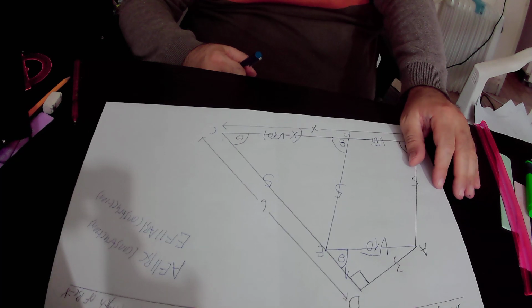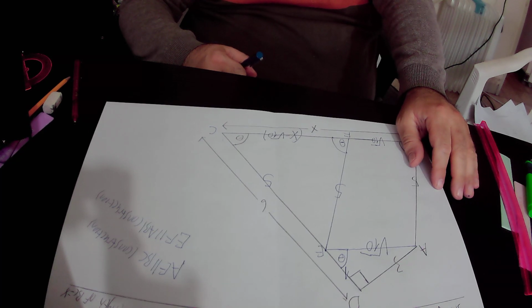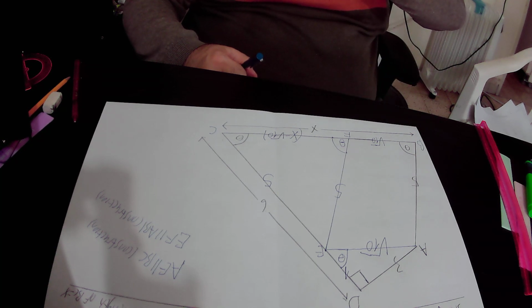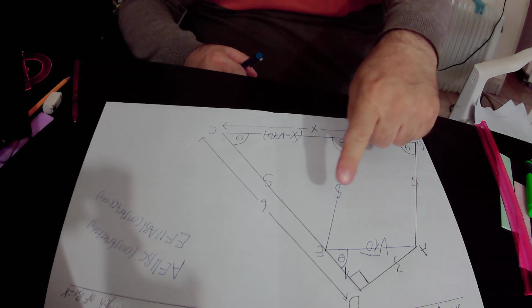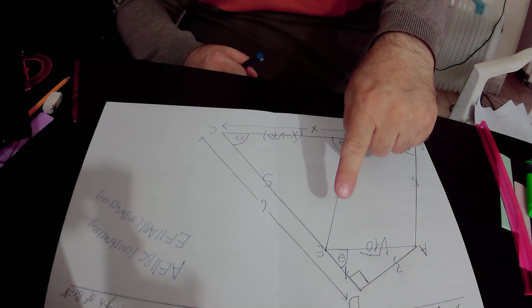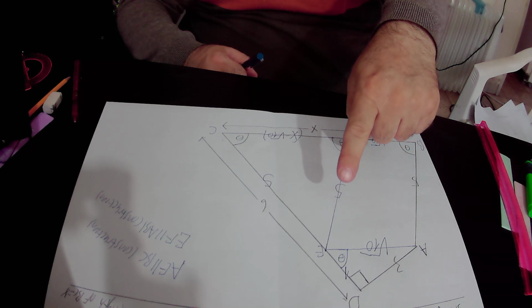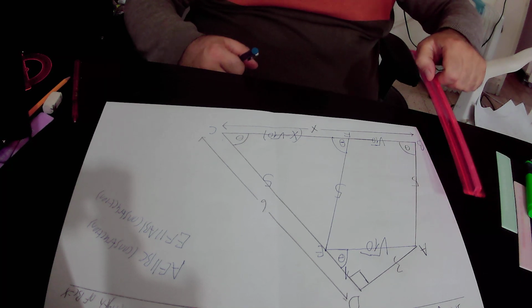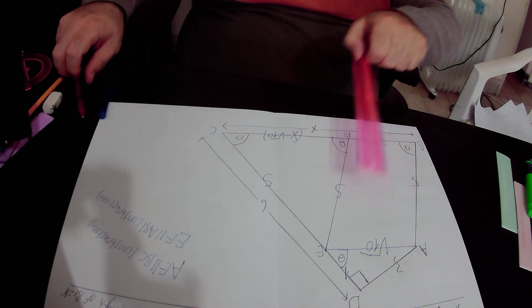In the next step, from point E, we focus on the isosceles triangle FEC, and from point E we draw a perpendicular on FC.